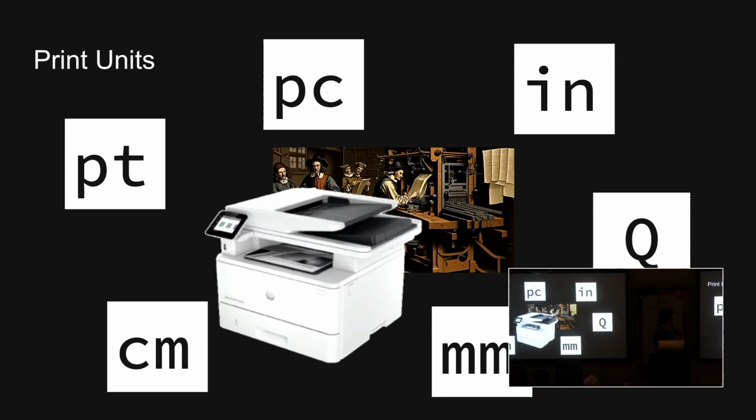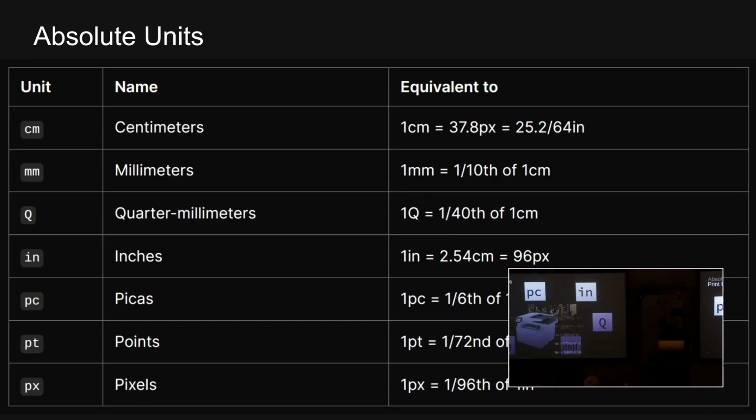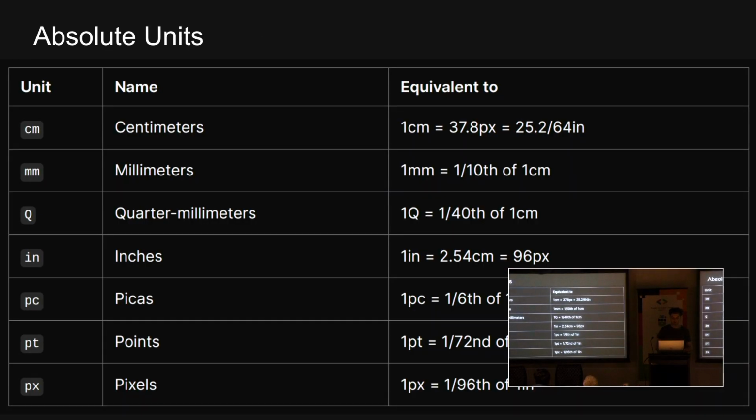And some weird Q unit, which I've never used in my life. And these all link together. So every unit here links directly to each other. They're all on the same sort of plane of existence. This is why we call them absolute units. So if you're printing a page, millimeter will be a millimeter and centimeter will be a centimeter.